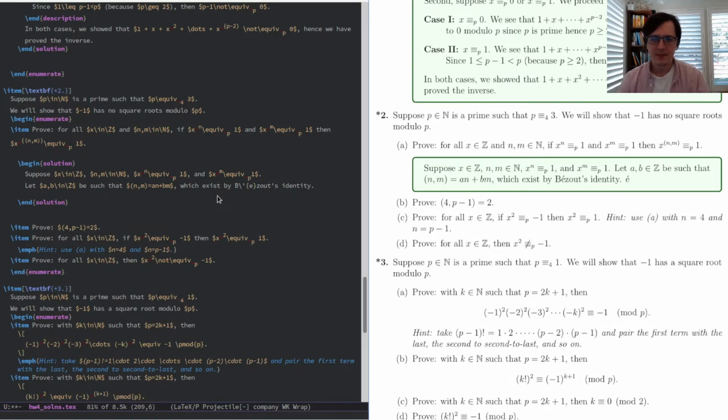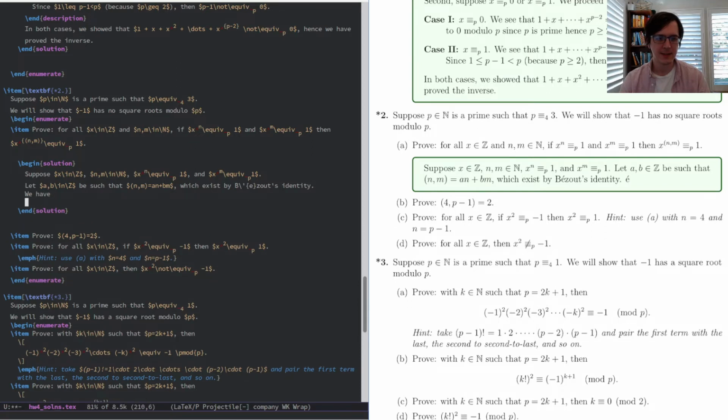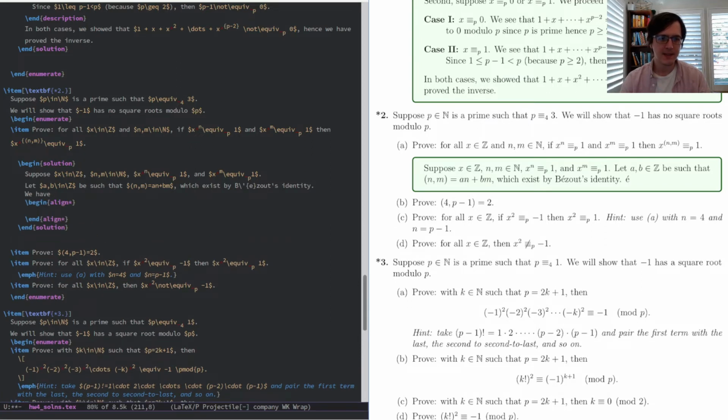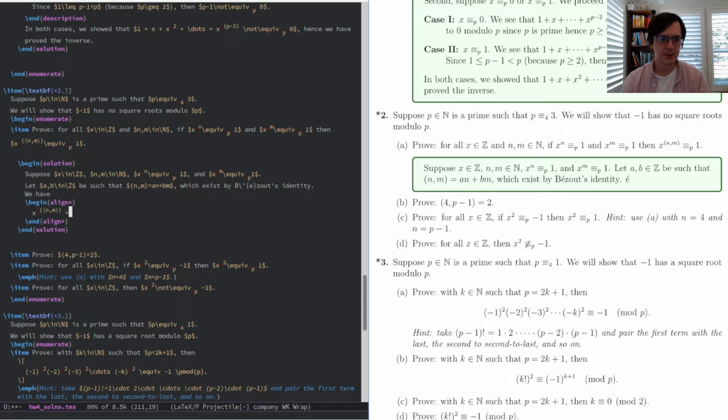So we have, and maybe this is using some rule that we've never proved, but I did mention that we could prove it in lecture. So maybe that's good enough. We have that x to the nm is equal to x to the an plus bm, which is equal.